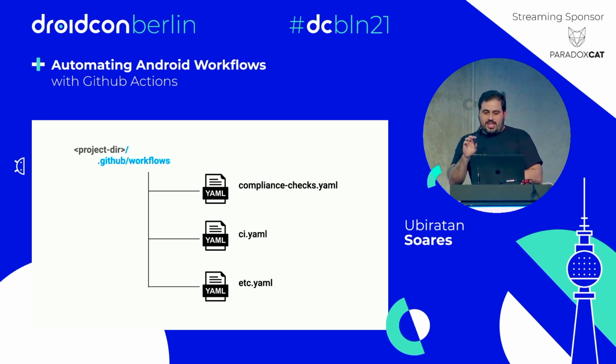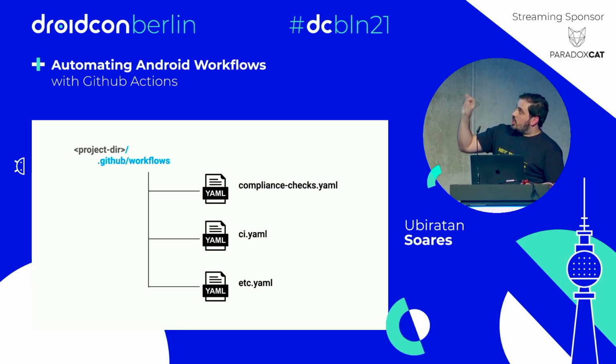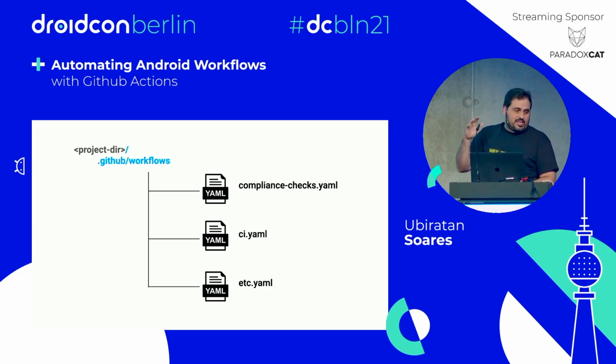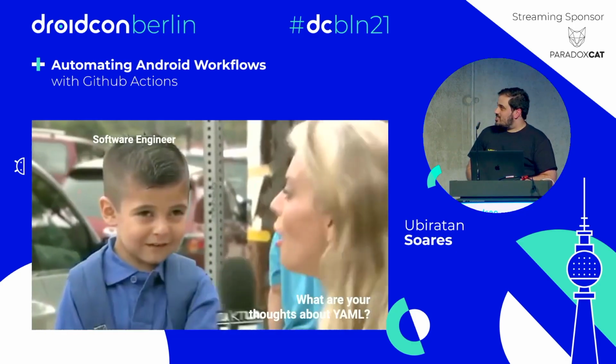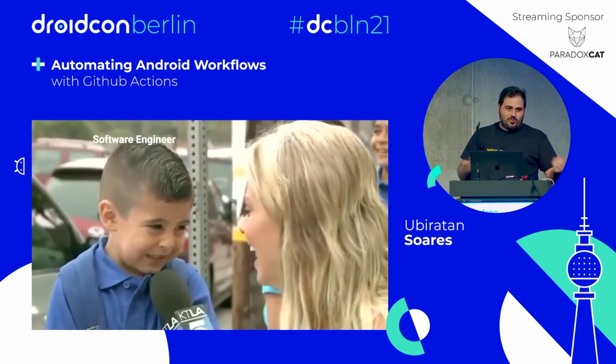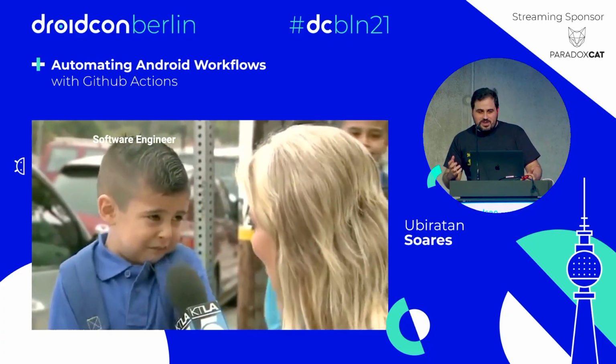Such files live in this conventional folder, .github/workflows, for your project, and we can have as many of them as we want. So this is nice because eventually we want to split that configuration, which makes things a bit more maintainable. But yes, we know that as software engineers, we don't like YAML that much, do you know?